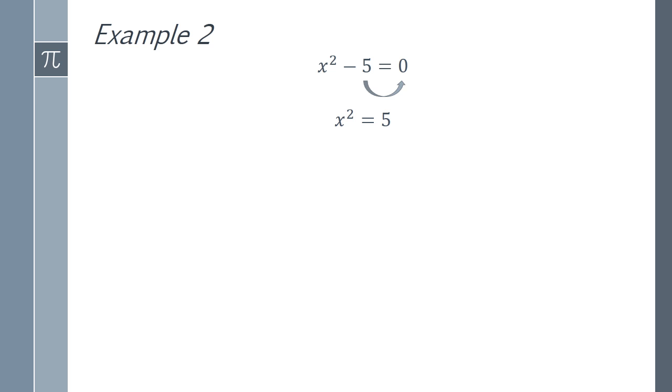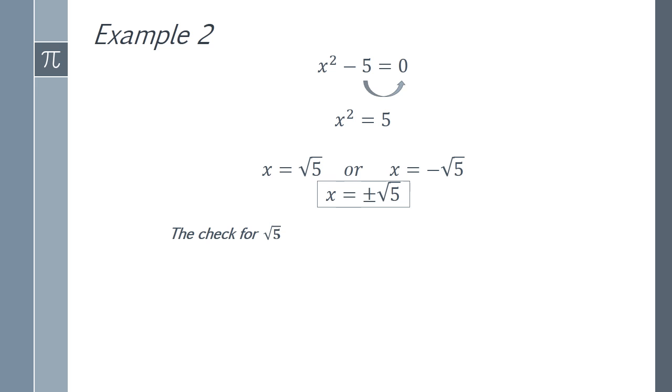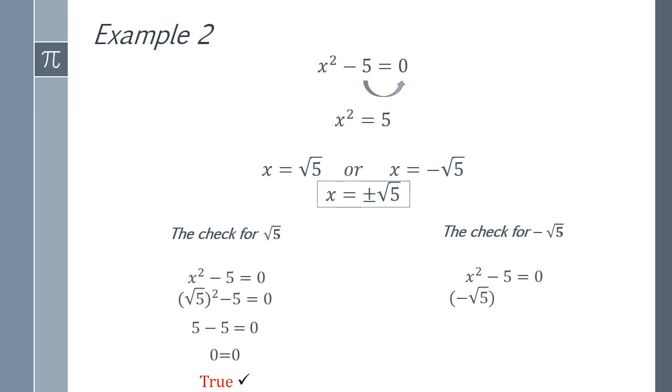The answer would be x is equal to the square root of 5, or x is equal to the negative square root of 5. Use double sign notation, so x is equal to the positive or negative square root of 5. To check if the answer is correct, substitute square root of 5 and negative square root of 5 for x in the original equation and solve.